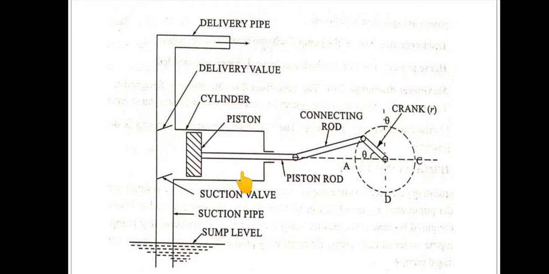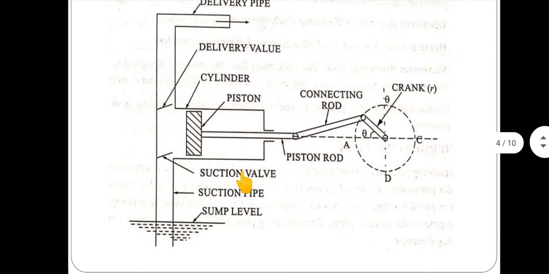First, mainly we can see here there is a cylinder. As I told already, in a reciprocating pump there is a piston and cylinder arrangement. This is the cylinder and this is the piston, and the piston movement will be made with the help of this connecting rod, crank and crankshaft. The crankshaft is connected to a motor.